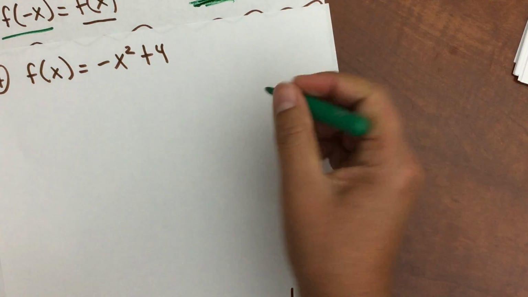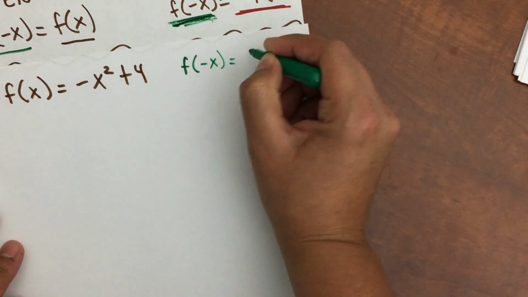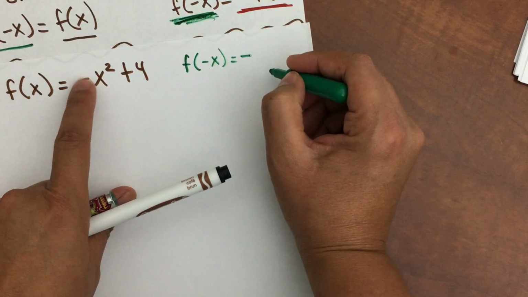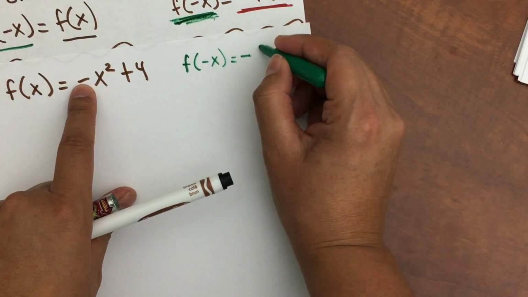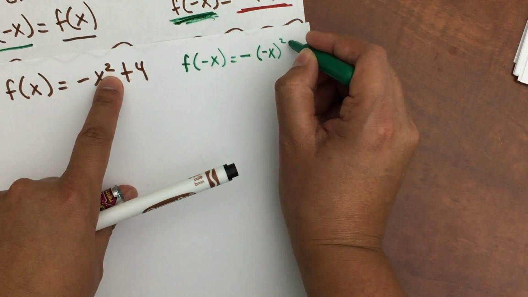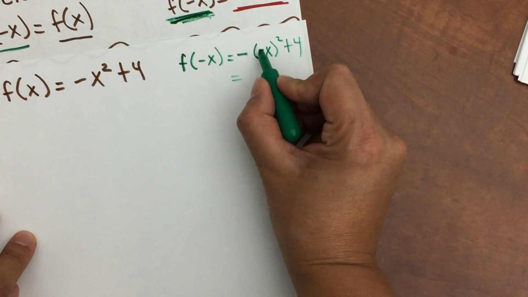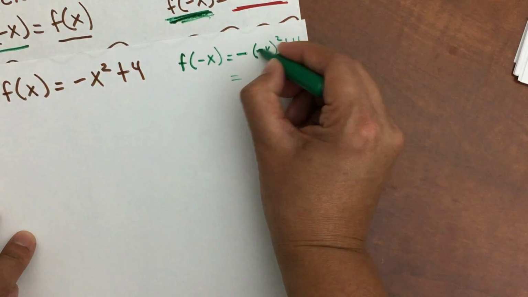So let's see. Doing it mathematically or algebraically, you have f of negative x equals negative from here. Then you're going to change the x to negative x to the second power plus 4. And don't be tempted to do negative times negative because that's not how it works, okay?